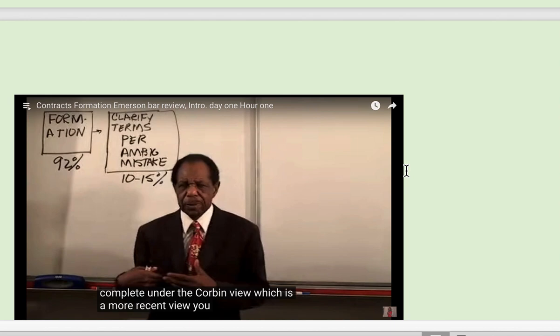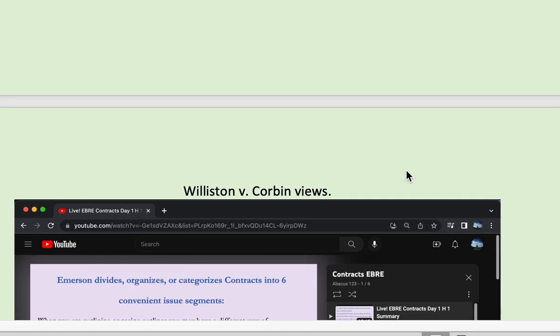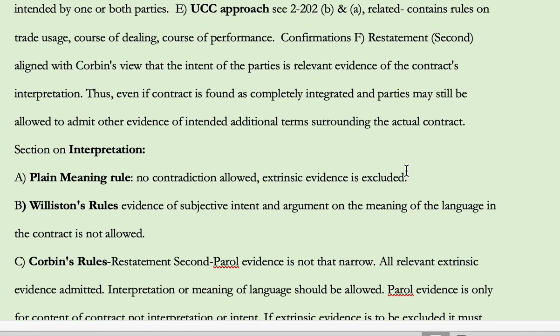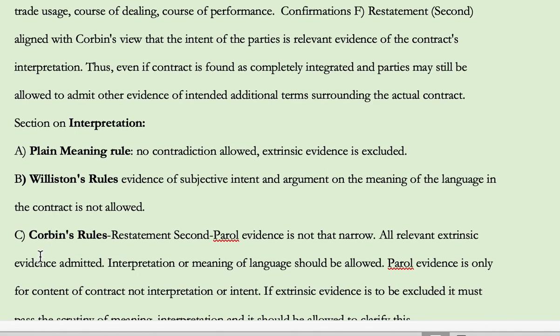When you're writing an essay, you can put in details that are true about, hey, most courts interpret it in the modern way, but there are those dissenters or traditionalists, if you will, that stick with the plain meaning rule. So again, you have the ABCs of the main things with parol evidence.